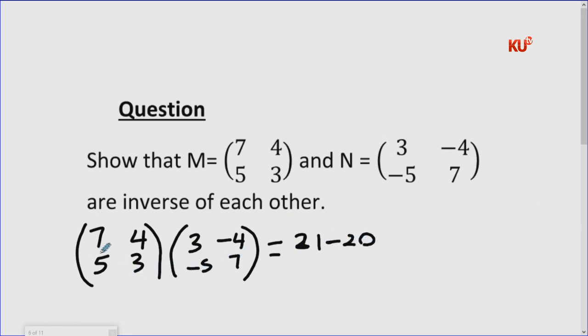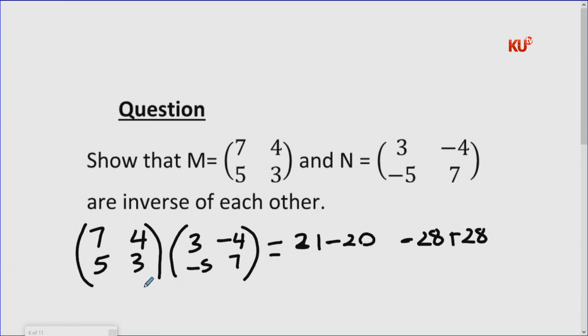Again, the other side, 7 times negative 4 gives us negative 28. Then 4 times 7 gives us positive 28.